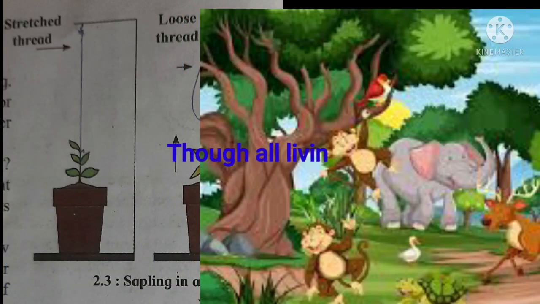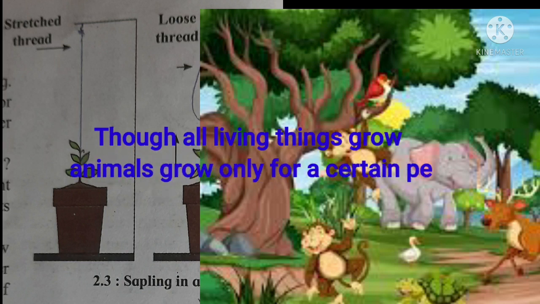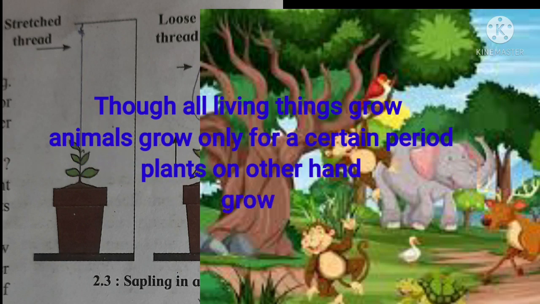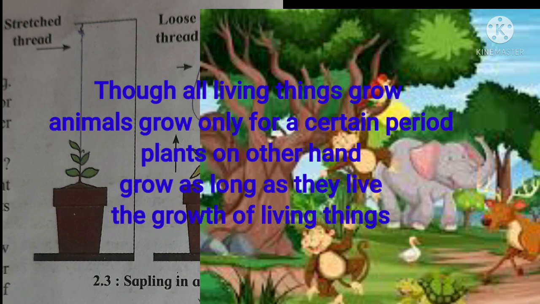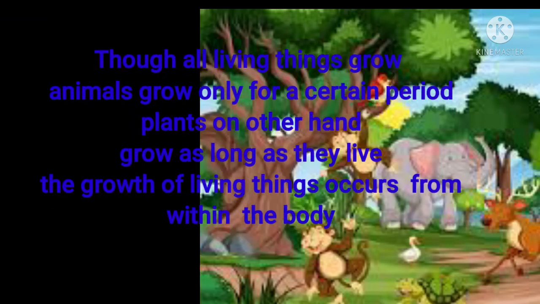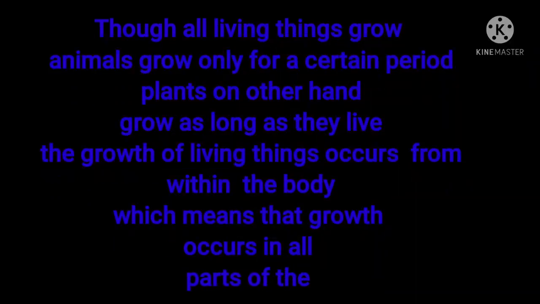Though all living things grow, animals grow only for a certain period. Plants, on the other hand, grow as long as they live. The growth of living things occurs from within the body, which means that growth occurs in all parts of the body. Here we understand that animals and plants both are living things.